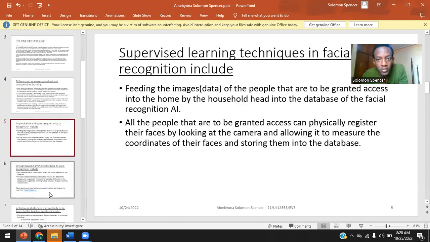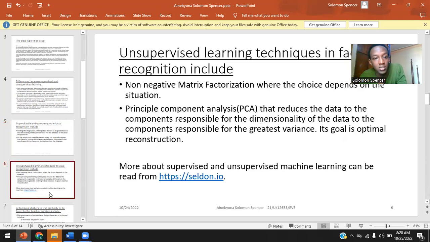So supervised learning techniques in facial recognition involve feeding in images, and for example, all the people that are to be granted access can physically register their faces by looking at the camera. For unsupervised learning techniques, non-negative matrix factorization and principal component analysis are to be considered.